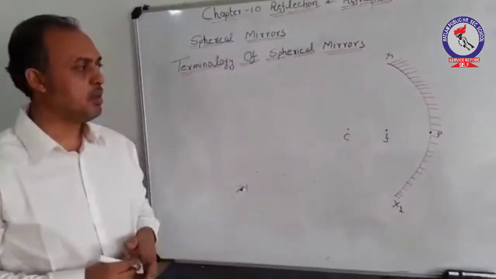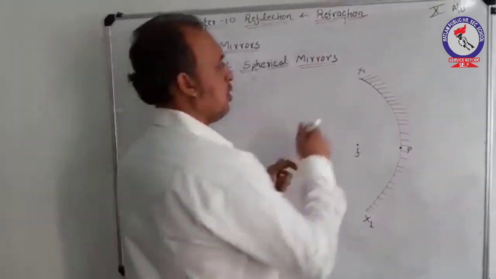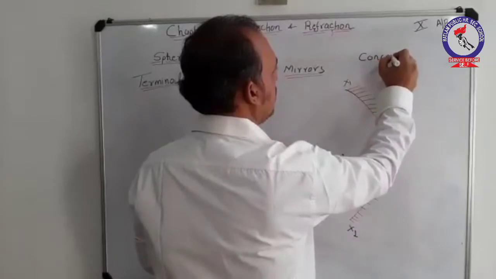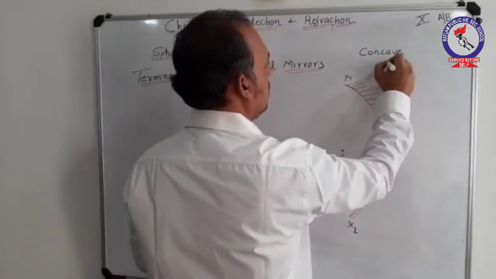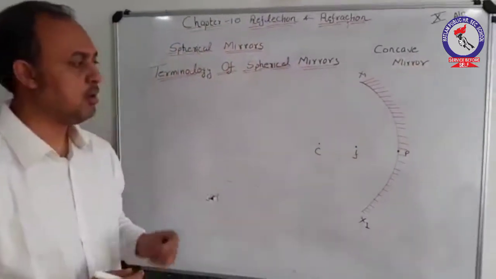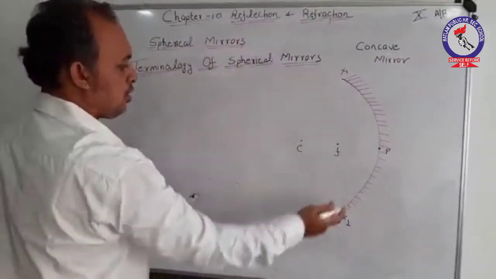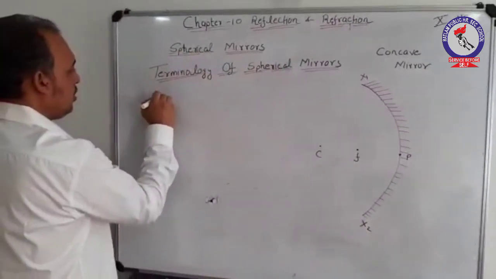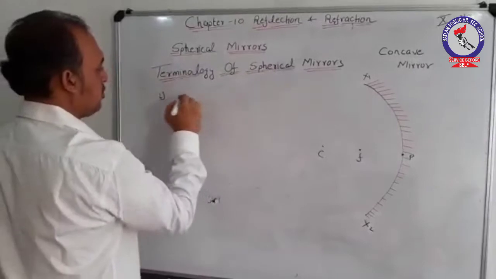Let's start. As I had just made a simple concave mirror, this is a concave spherical surface. The very first thing under the terminology is points X1, X2.